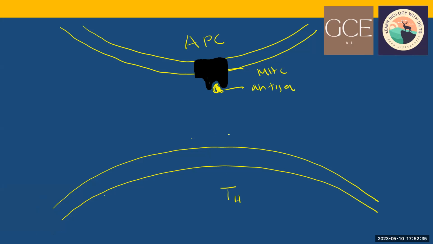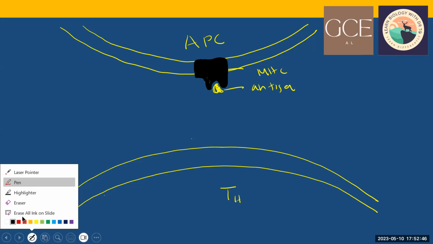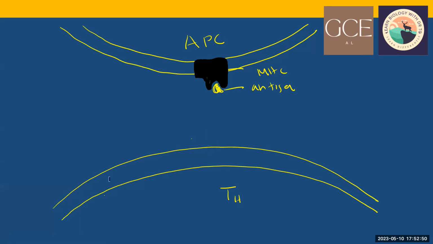Now T cell has a receptor, and the T cell receptor can identify this complex. If we try to understand the T cell receptor, it looks like this. It has a shape like this attached to the cell membrane, and another protein attached like this.